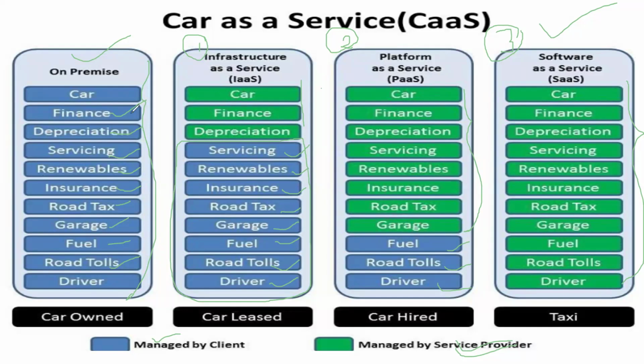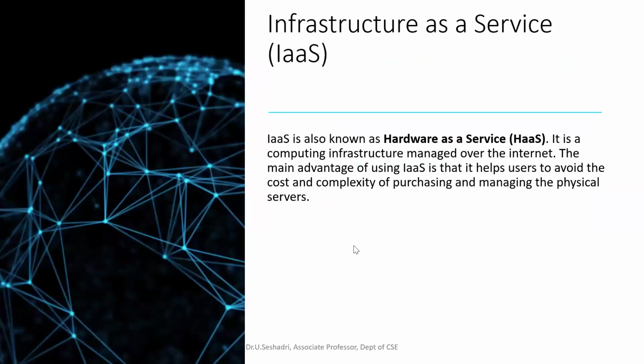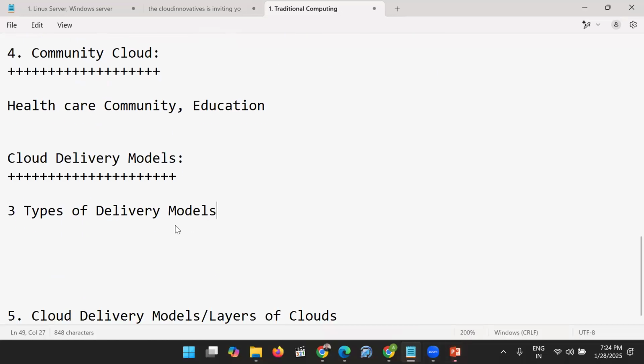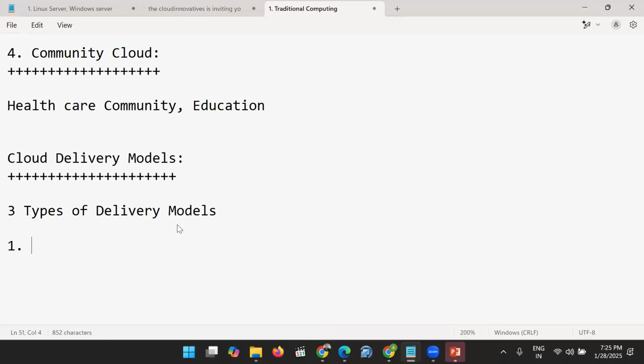See, with this example, I'm telling that there are three types of cloud delivery models. One is infrastructure as a service.